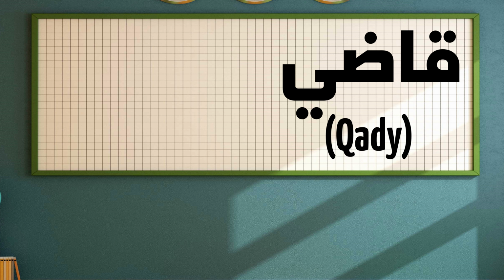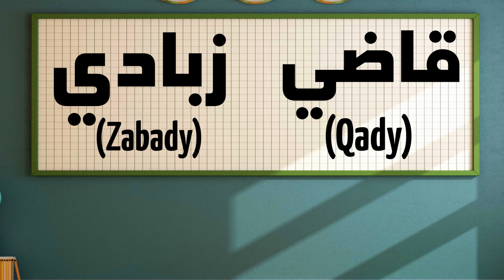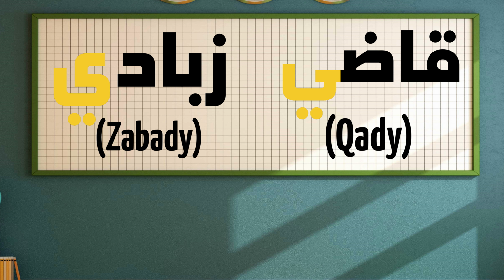Let's take the word Qadi, which means judge in Arabic, and the word Zabadi, which means yogurt in Arabic. In both examples, you can clearly spot the Yeh at the end. But the Yeh in the word Qadi is connected to the letter before it, while the Yeh in the word Zabadi is not connected at all.